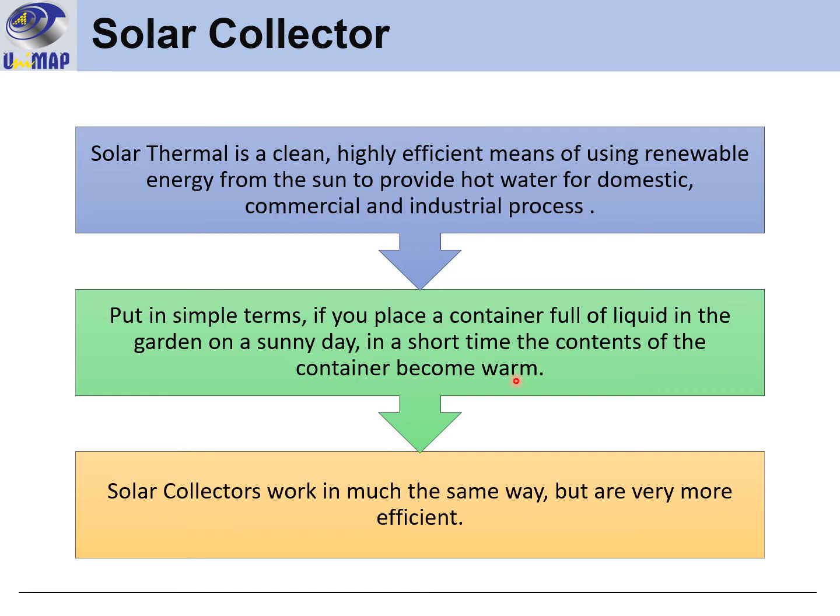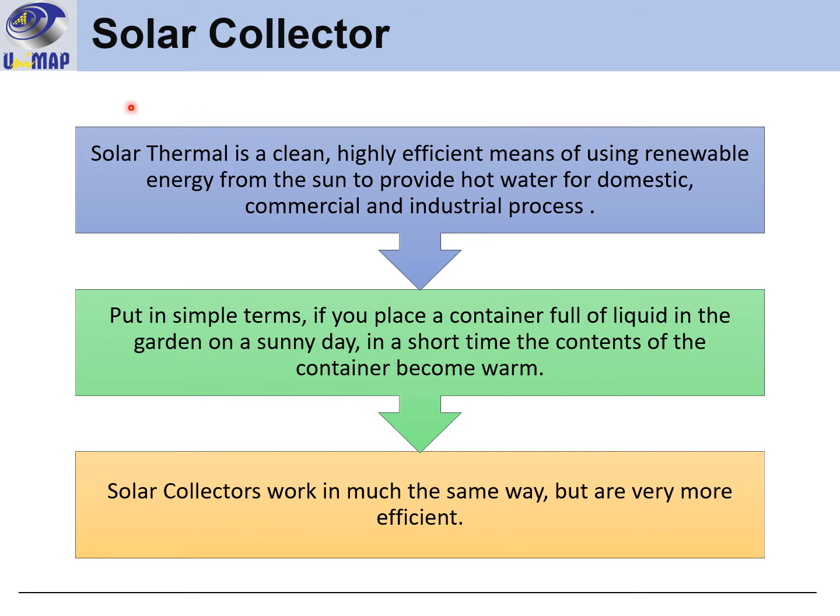The solar collector works on this concept, but in a more efficient way. All the heat will be transferred to the liquid, and the efficiency of the energy transfer is much better.